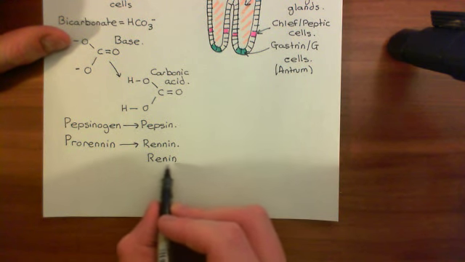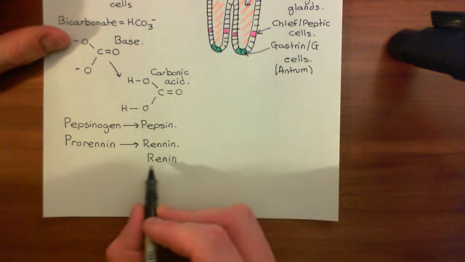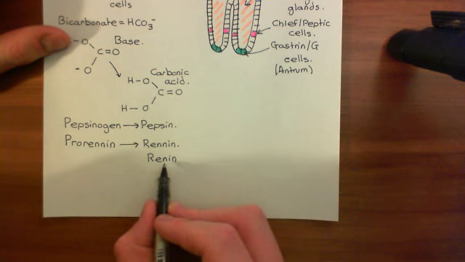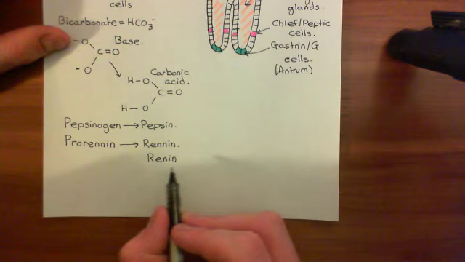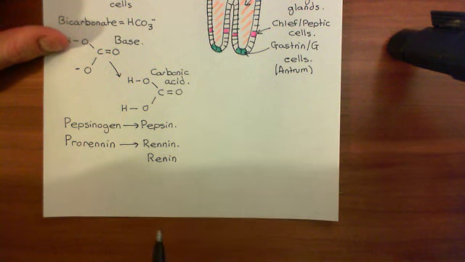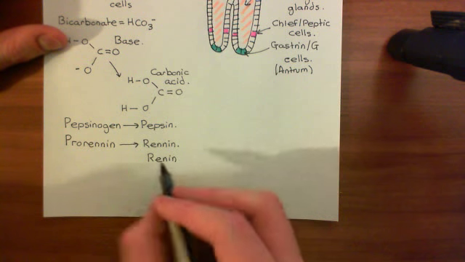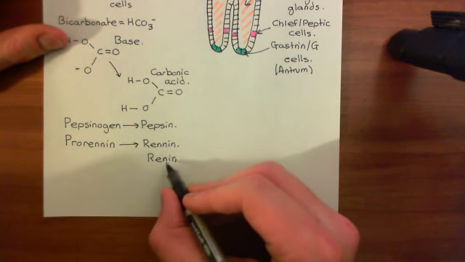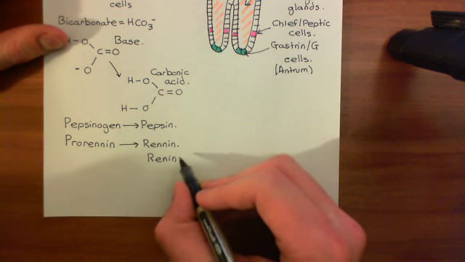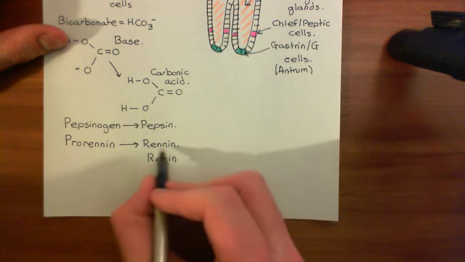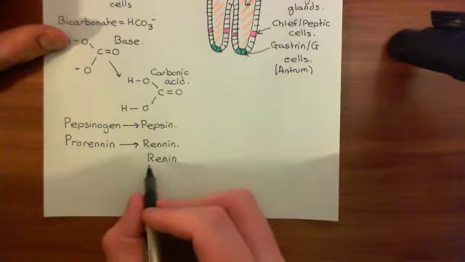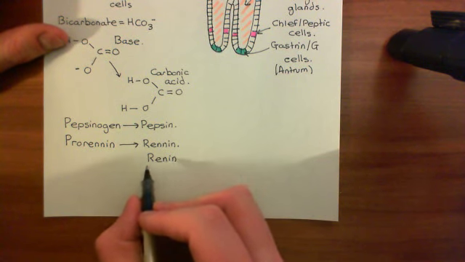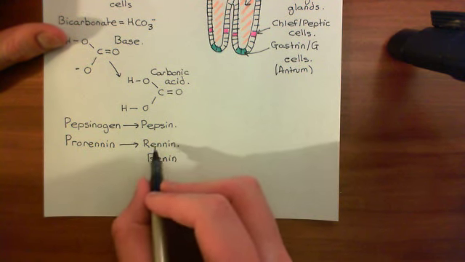Now, this renin with the single N is part of the renin-angiotensin-aldosterone system, which does regulate body fluid volume. This is not the same as this. So double N versus single N, they are not the same thing. This is a protease found in the stomach. This is an enzyme which probably has a very similar activity, i.e.